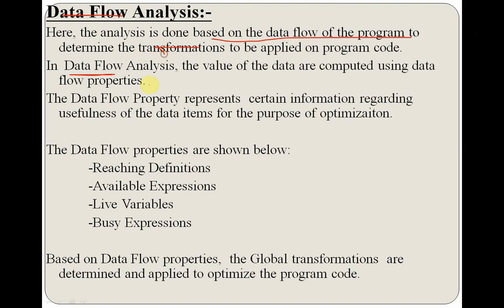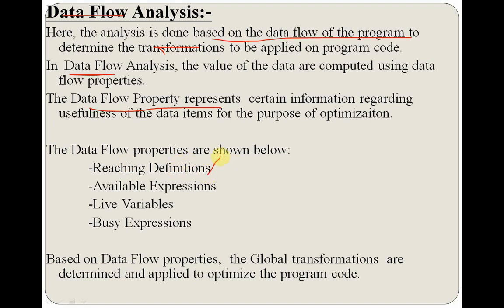So the data flow property represents certain information regarding usefulness of the data item for the purpose of optimization. So by this data flow analysis, we can detect what are the useful expressions, what are the available expressions, or what are the live variables, dead variables, or reaching definitions, or dead code. Like this we can find out all these things, and accordingly we can do the simplification. The data flow properties are shown below.